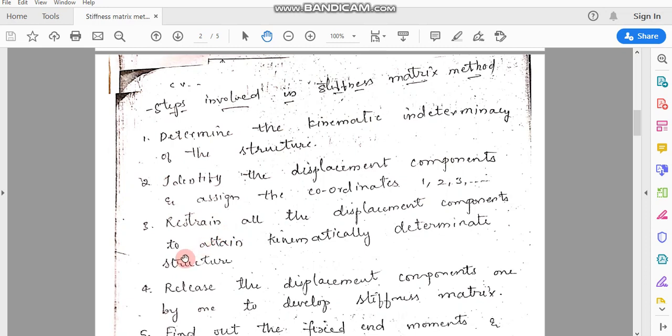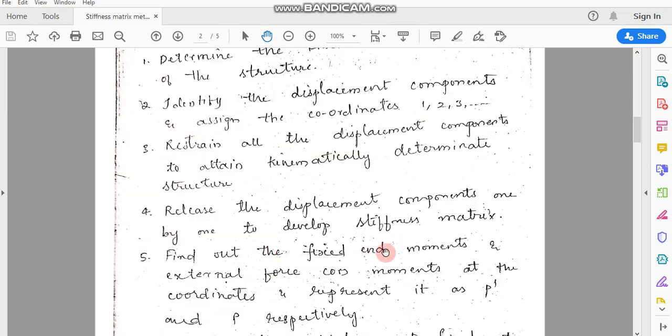In the next step, release the displacement components one by one to develop the stiffness matrix. In the previous method we applied a 1 kilonewton reaction at each point of the unknown forces. Here we'll rotate the joint by 1 radian, that is, theta will be rotated.